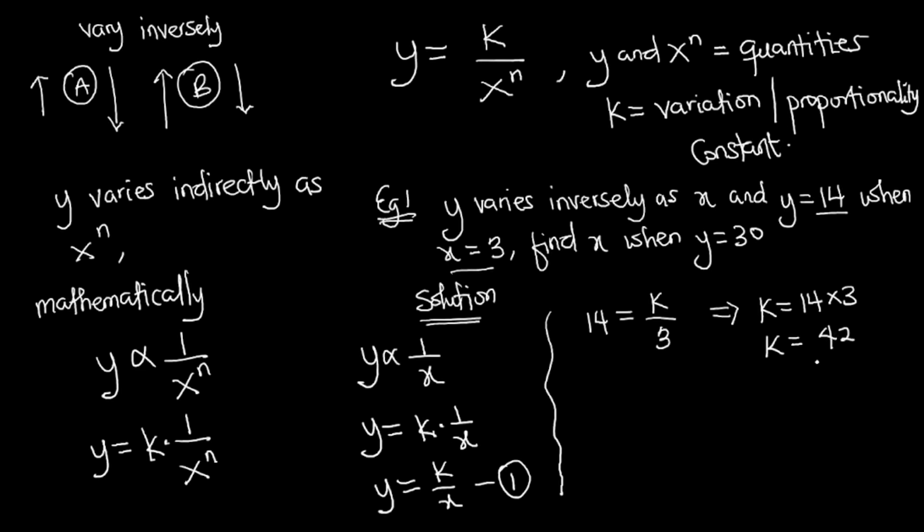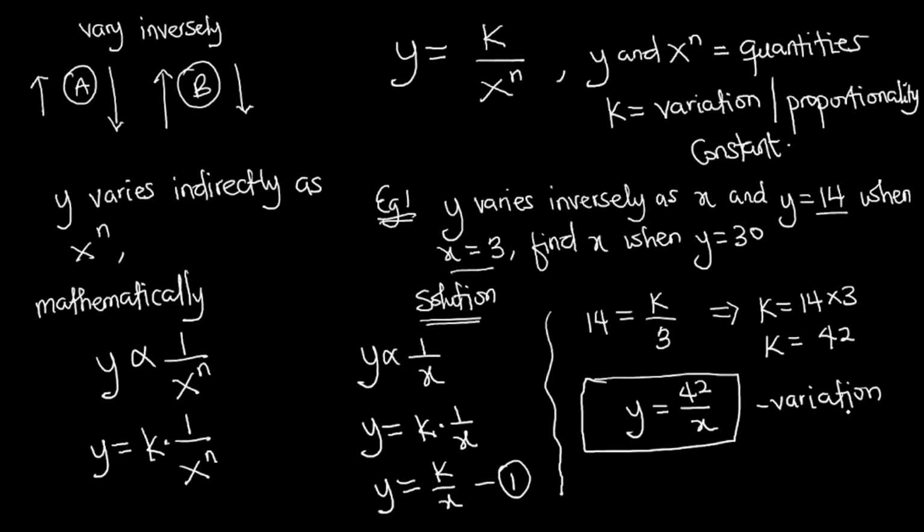42. This means that the relationship between our y and x, which is the inverse relationship, is supposed to be written mathematically as y is equal to 42 on x. So this becomes our variation equation.